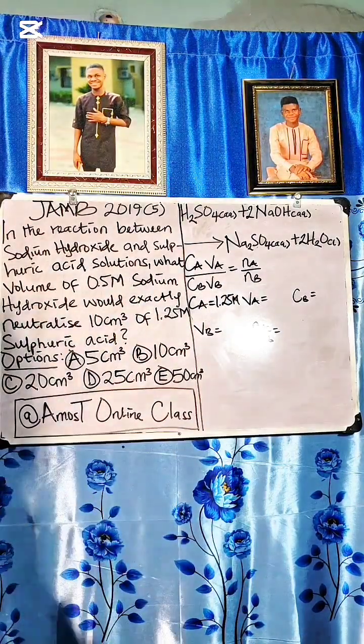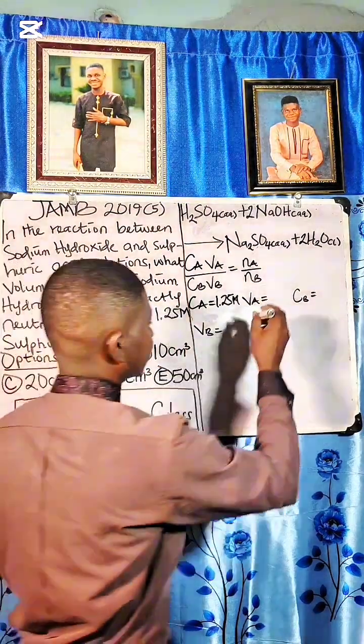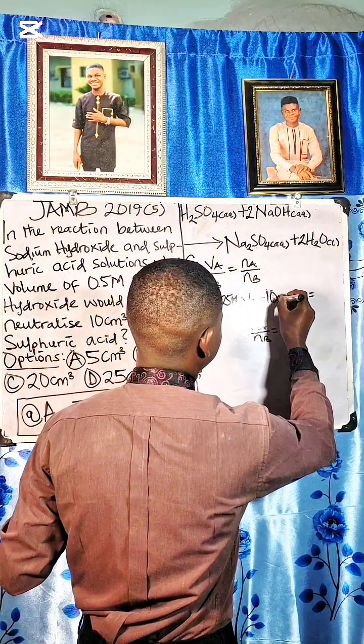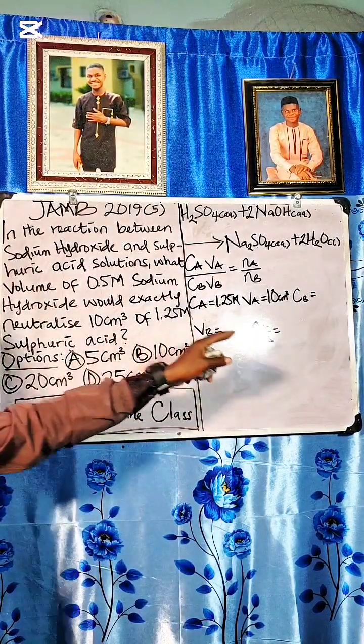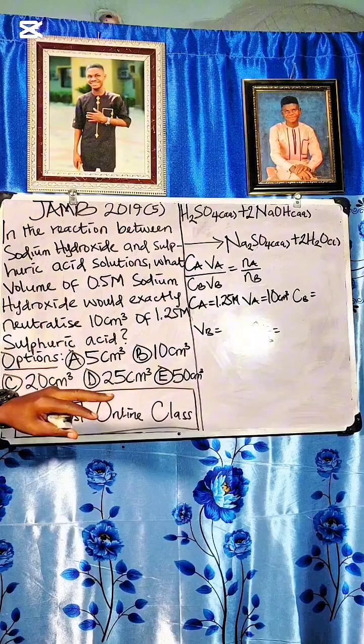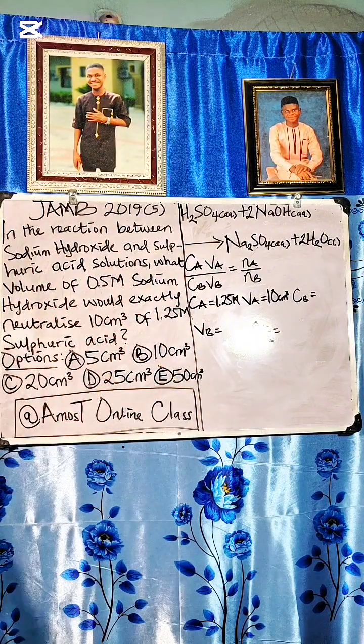Of course, the volume of acid from the question is 10 cubic cm. Now, CB, which is the concentration of base, from the question is 0.5 molar.